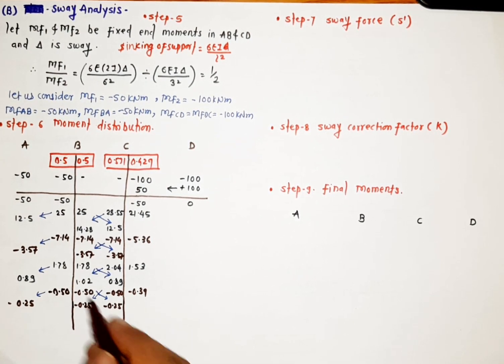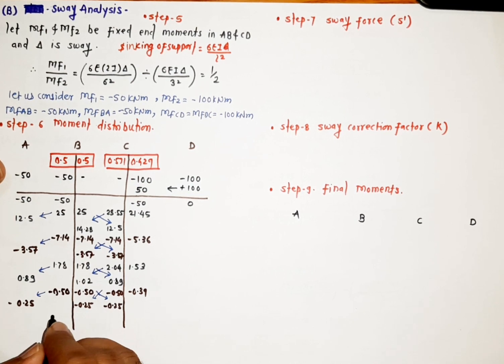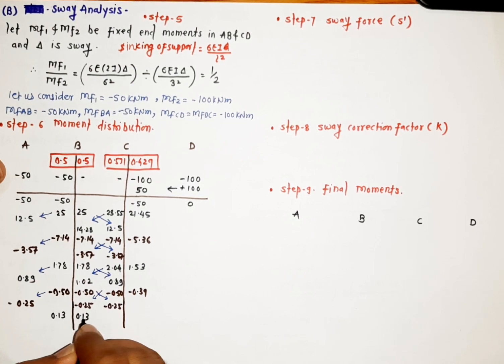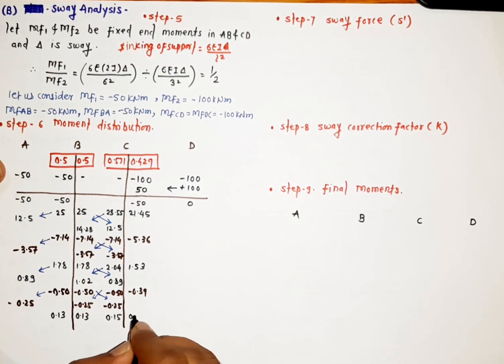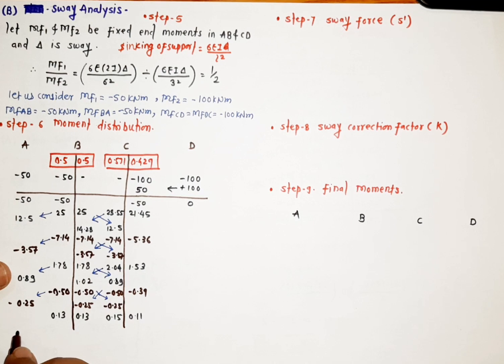So now 0.25 into 0.15, so it will be almost closer to 0.13. So this will be 0.13, this will be 0.13, this will be 0.15, this will be 0.11. So ultimately all answers are in 0 point something. That's why we will now add these moments up to the end.